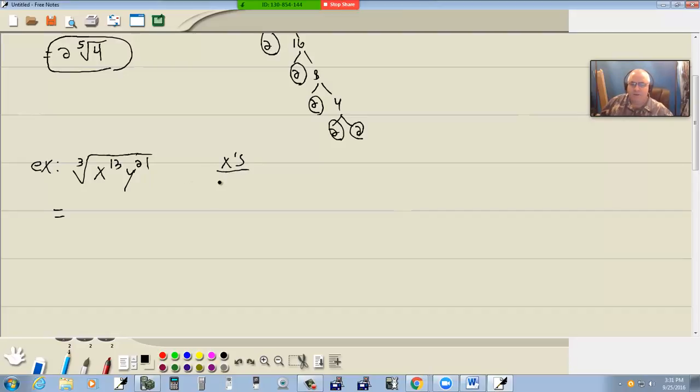If we come out here for our x's, we're going to take the power that's on the x, which is 13, divide by our index. The index is numbered in a slot, so that's 3. And this is old style division, so that gives us 4 with remainder of 1. Now this 4 tells us how many are coming out, and this 1 tells us how many are staying in.